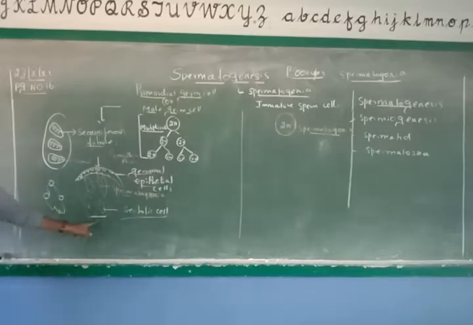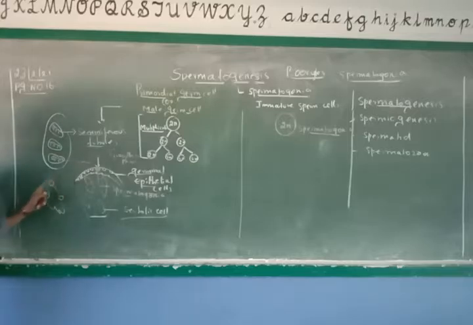For that it needs some nutrition. So it will enter along with the Sertoli cells. This is a Sertoli cell, which will supply the nutrition for this spermatogonia. All the nutrition supply. So till maturation, it needs the help of the Sertoli cells.